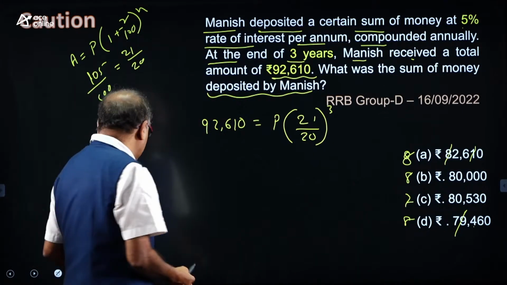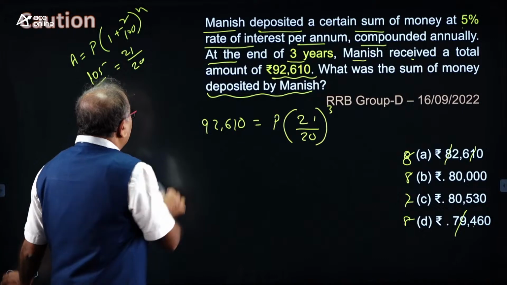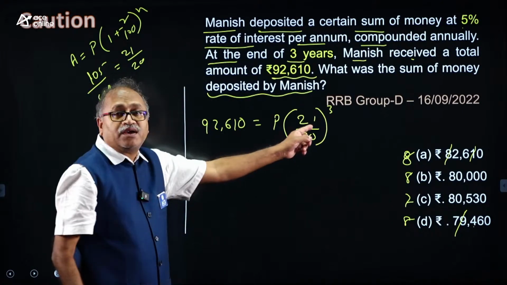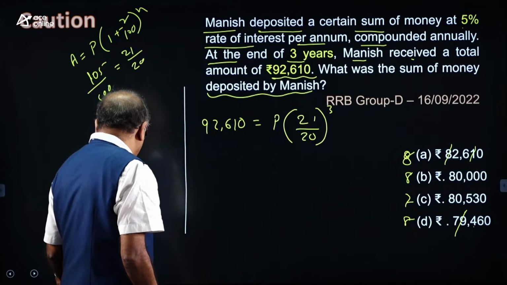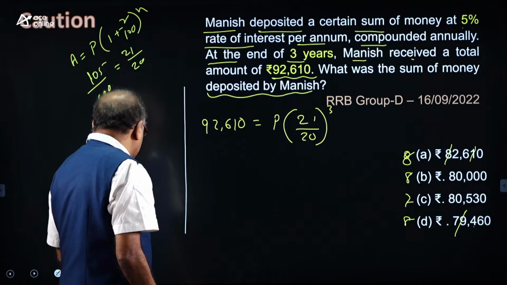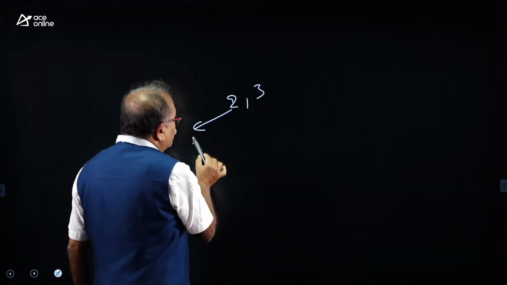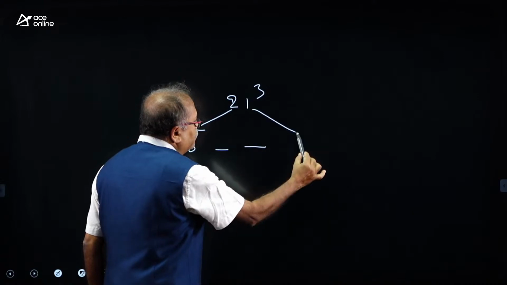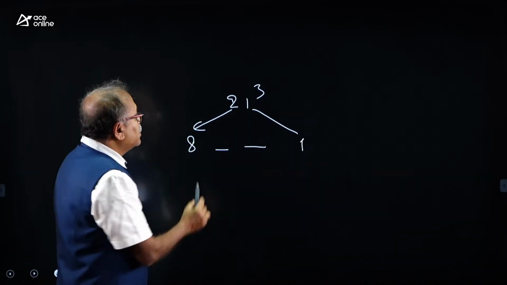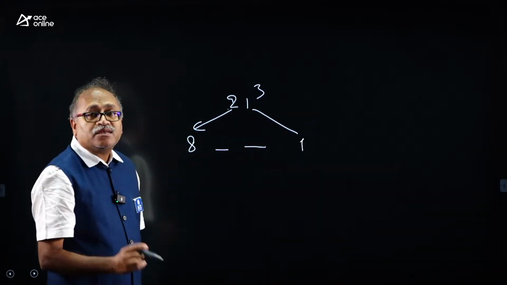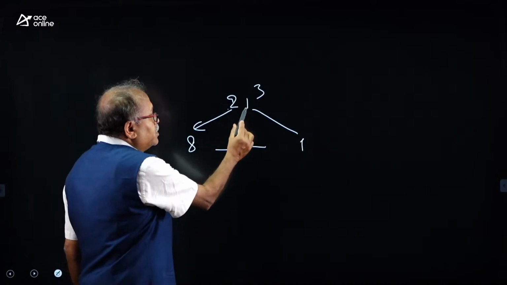And in the speed maths class in our recorded video, if you have gone through how to find a 21 cube, look at this one, I am taking another slide, 21 cube. You know that 2 cube is 8, 2 numbers, and 1 cube is 1. What is the ratio of 2 and 1? That is 2:1, unit digit ratio.